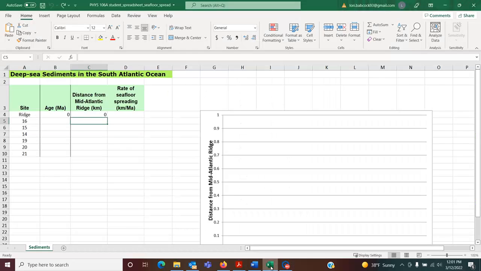So you're going to take the paleontological age from here and input it into the Excel sheet, and then the distance as well that I just read off, you put that into here. You do that for each of the sites as described.